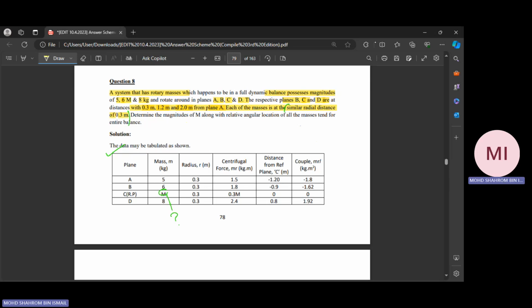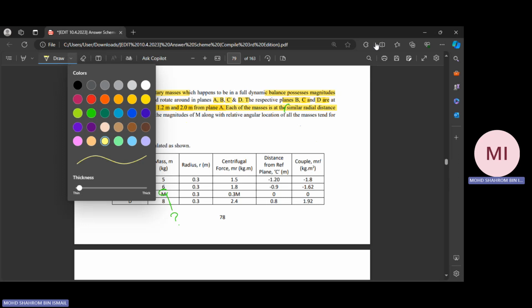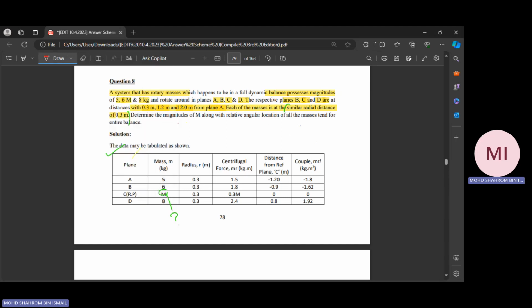Once you manage to get these three columns of information, which are plane, mass, and radius, it's going to be much easier for you on the fourth column to equate the mass multiplied by radius.